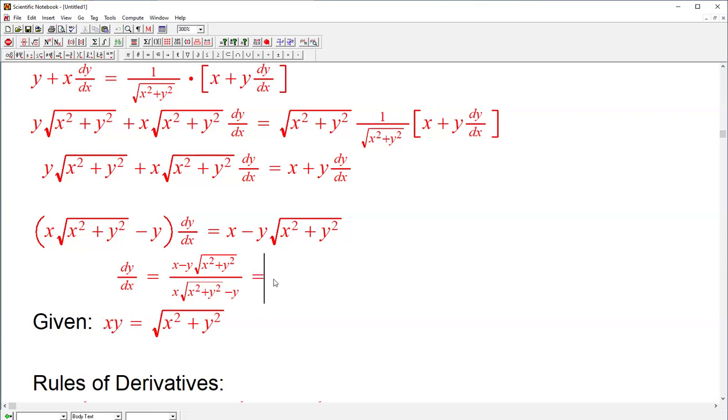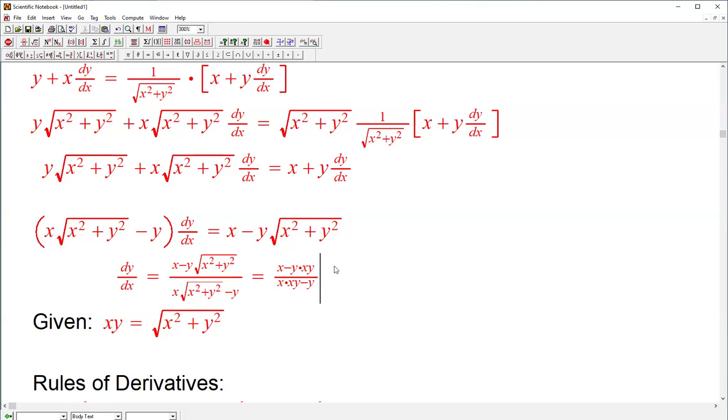So what we can do is that we can substitute the square root of x squared plus y squared by its equal, because it's assumed to be equal. So we're going to replace this by that, replace this by that.